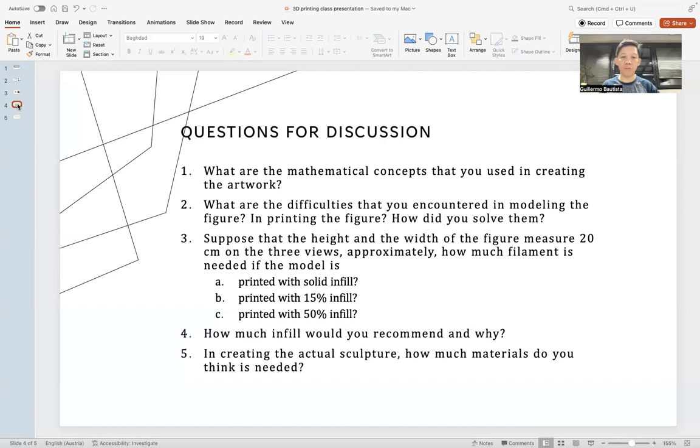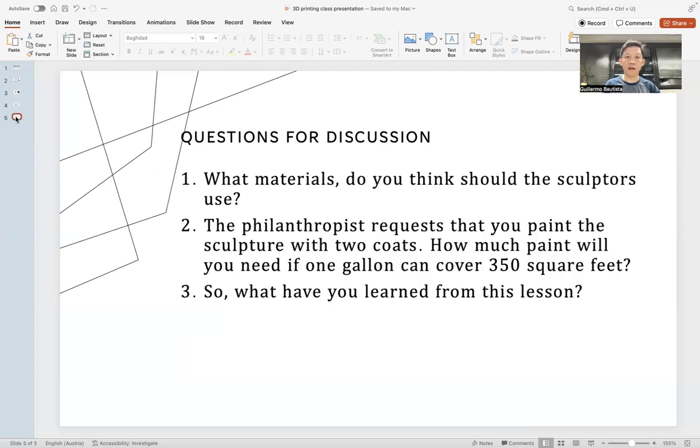How much infill would you recommend and why? In creating the actual sculpture, how much material do you think is needed? What materials do you think sculptures should use? The philanthropist requests that you paint the sculpture with two coats. How much paint will you need if 1 gallon can cover 350 square feet?